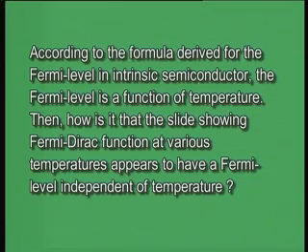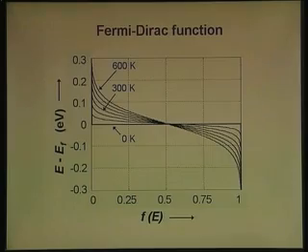Sir, according to the formula derived for Fermi level in intrinsic semiconductor, the Fermi level is a function of temperature. Then how is it that the slide showing Fermi Dirac function at various temperatures appears to have a Fermi level independent of temperature? Let us look at this slide.